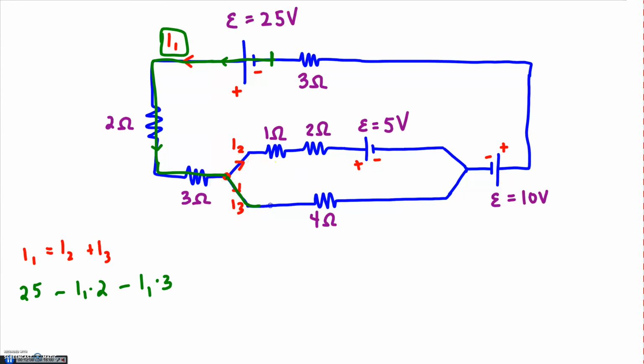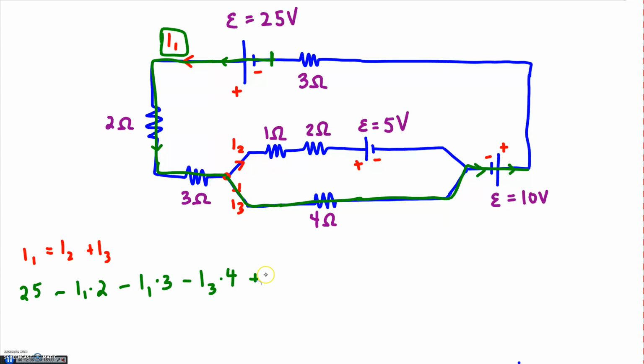I'll take the bottom path where I3 travels. Those charges lose more energy across the 4 ohm resistor. So we subtract IR to show how much energy they lose per coulomb. It's I3 at this point, the resistance is 4. Then we go through this battery. We're flowing toward negative. That's where positive charges want to go. We're going out of positive. That's exactly the right way for this to go.